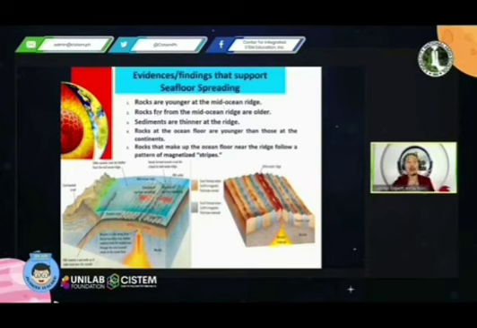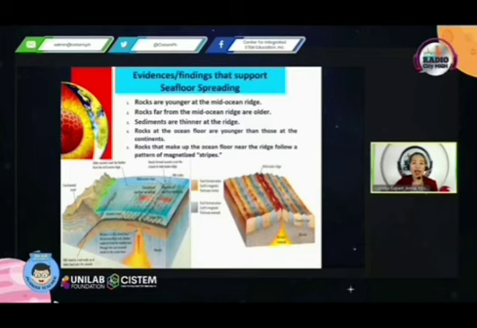Rocks, okay, that are far from the mid-ocean ridge are older. So here, ito yung ridge, okay, mid-Atlantic ridge, mid-ocean ridge. Mas younger ang mga rocks na nakikita dito sa bandang dito. At saka, yung mas malayo sa ridge, these rocks here are older.